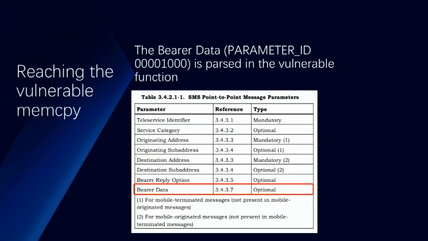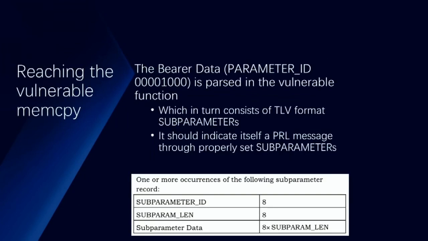So again, we have to set the data inside this bearer data correctly. Similarly, the bearer data also contains TLV structures. We call them subparameters. The first subparameter inside the bearer data should indicate itself as a PIL message.